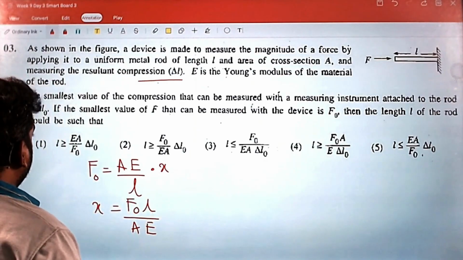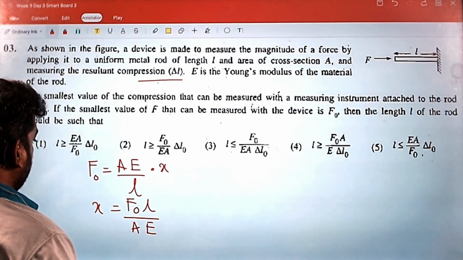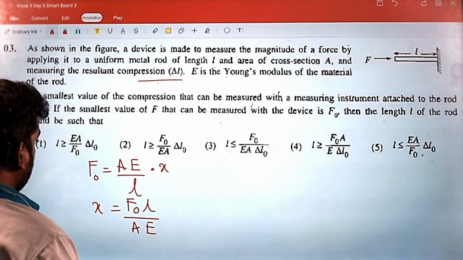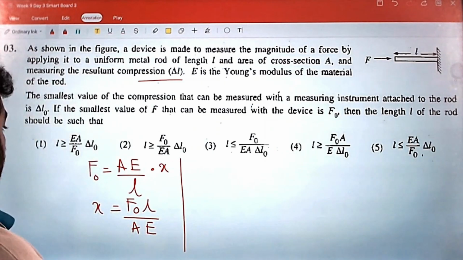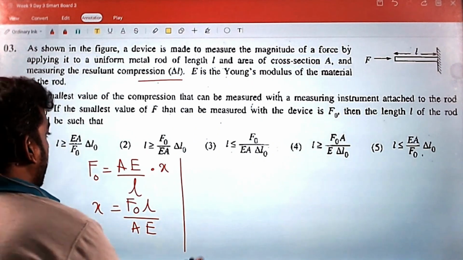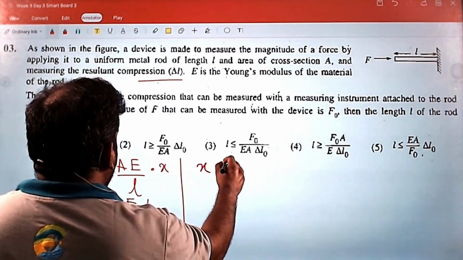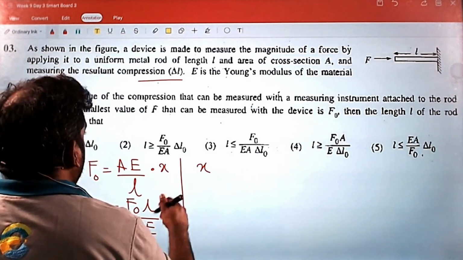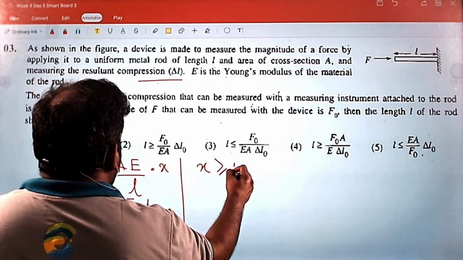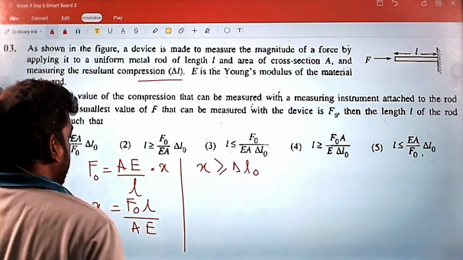So X is found now, for F naught. So the smallest value means X should be greater or equal to delta L naught.